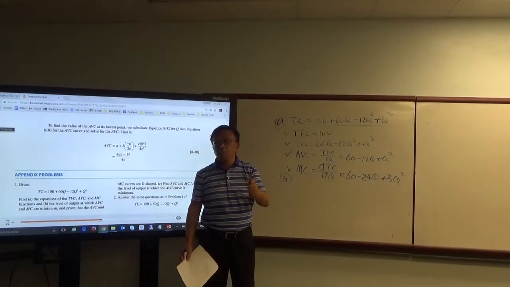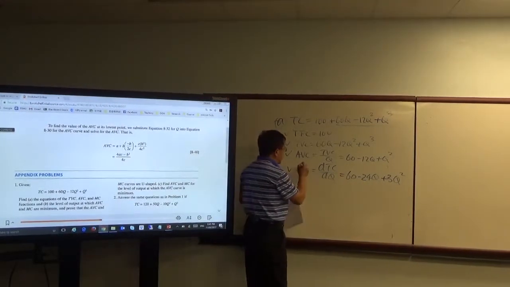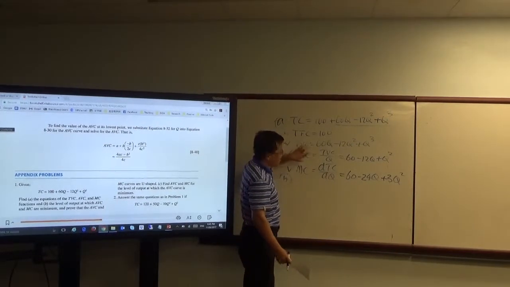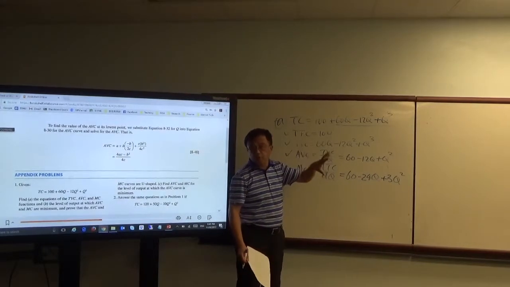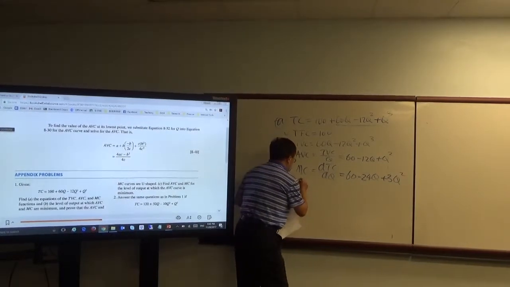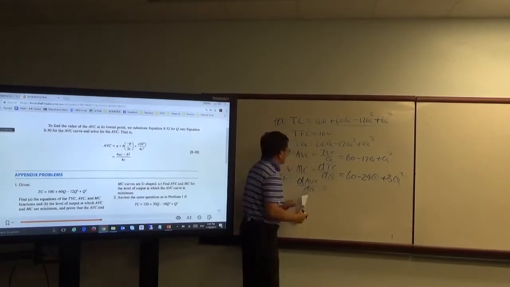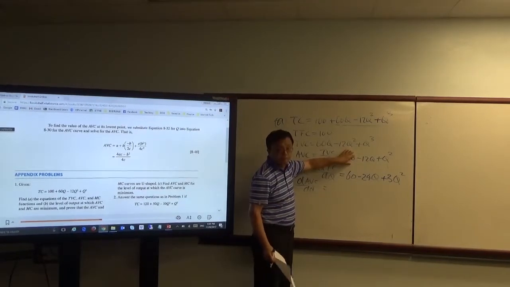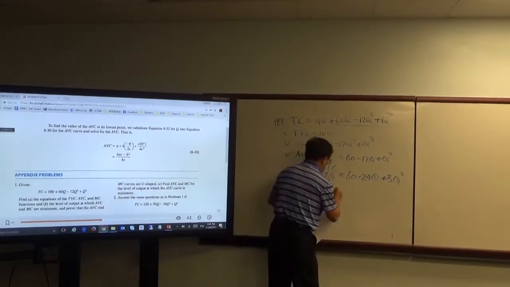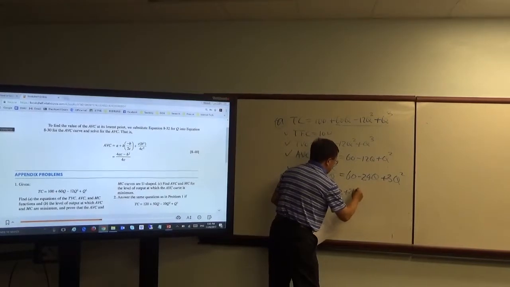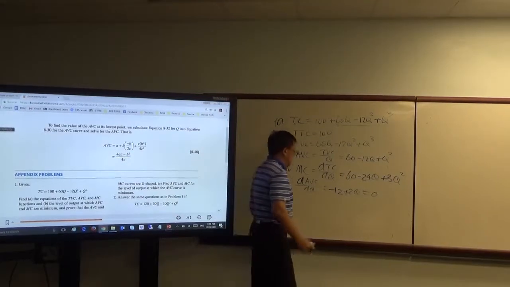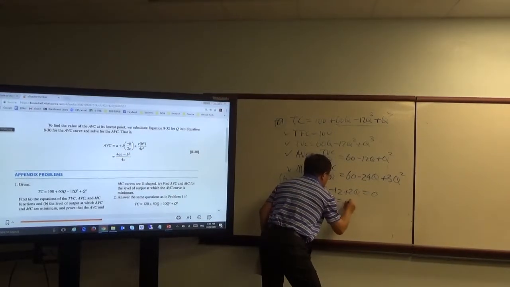So the derivative of average variable cost with respect to Q: 60 disappears, minus 12Q is minus 12, plus 2Q. You set it equal to 0, and then we find the quantity is equal to 6.